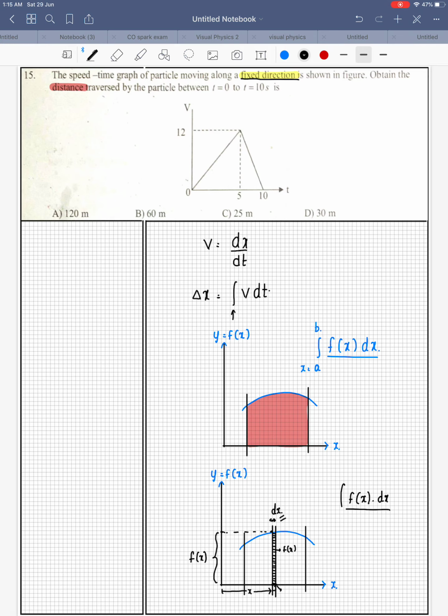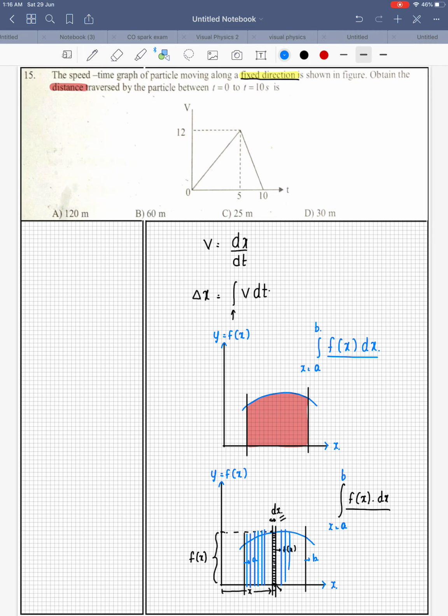When I say integral and x varies from a to b, sum all the rectangular strips, this strip, this strip, this strip, like that.